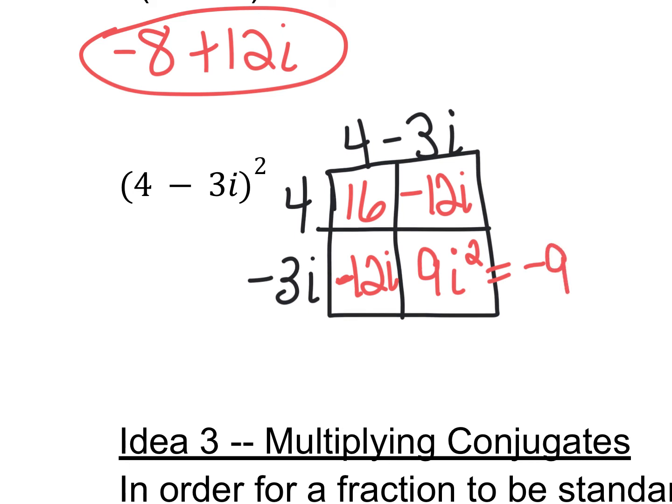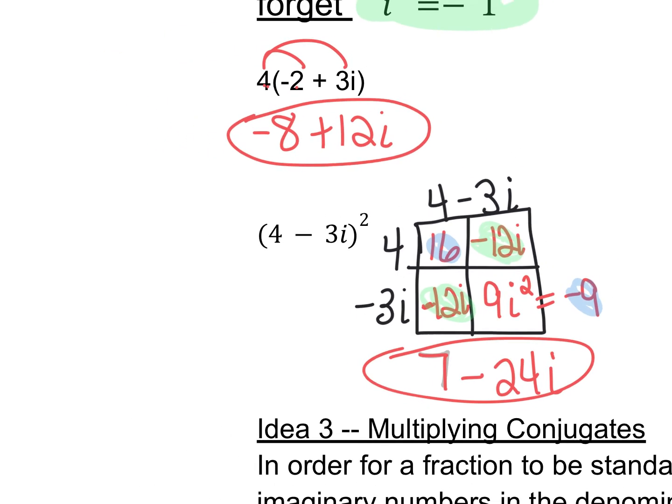So when we combine our like terms, we have 16 minus 9, which is going to be 7. And then we also have negative 12i and negative 12i, which is going to be negative 24i. So we are going to have 7 minus 24i. Again, real first, imaginary second.